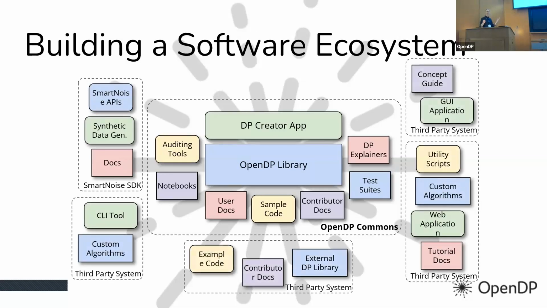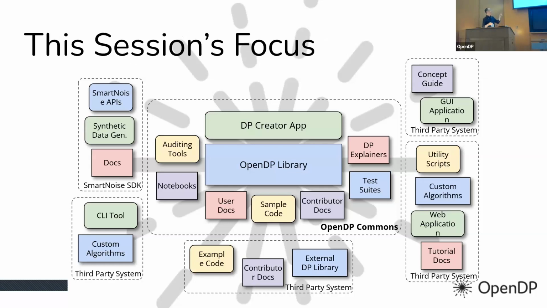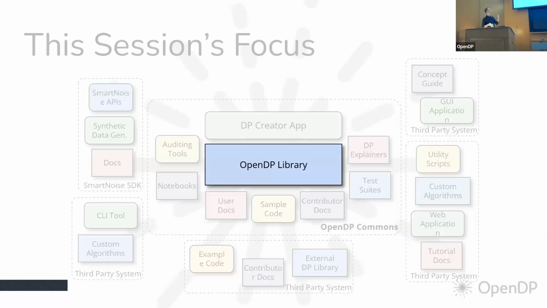We're imagining many systems being built, and the hope is that these things together can become the OpenDP ecosystem, and where it makes sense, maybe some of these things will be contributed back into the OpenDP Commons so they could be shared all around. So that's the perspective of what we're talking about today. But today's focus for this talk is going to be the OpenDP library.